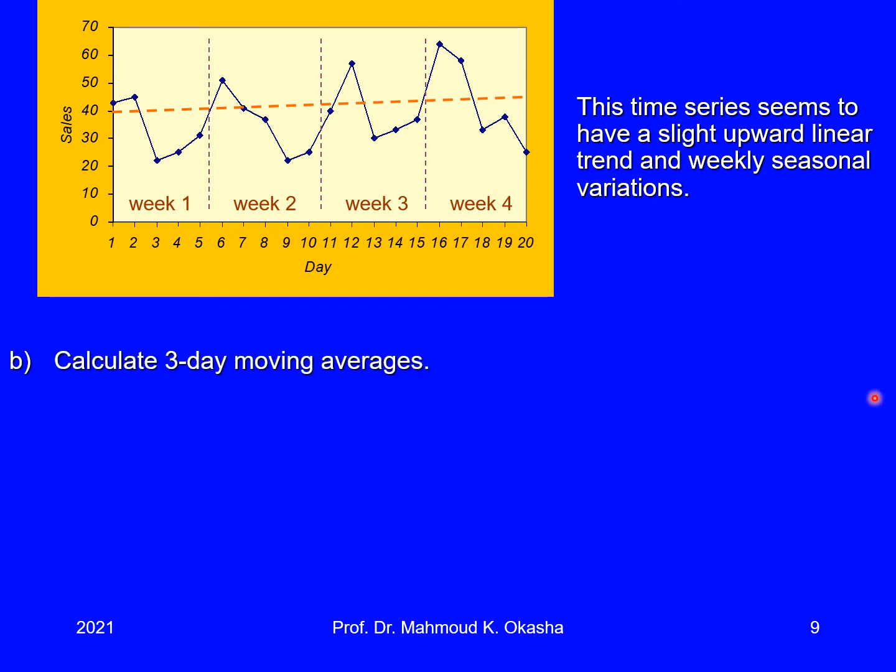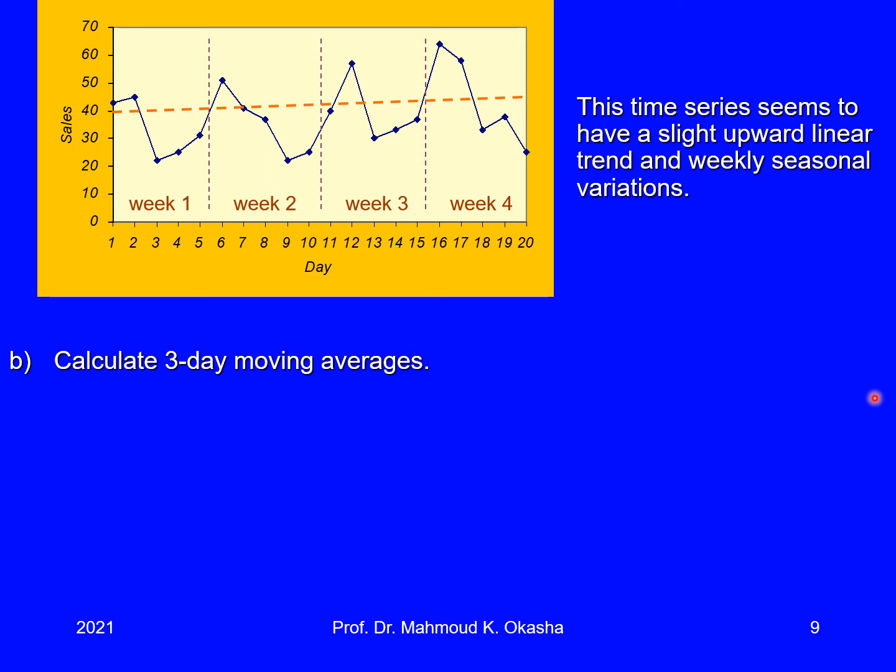Now, one approach of estimating the trend and seasonal variation, but the trend there, is one approach of smoothing in general called moving averages. A moving average can be of length 3 or 4 or whatever.